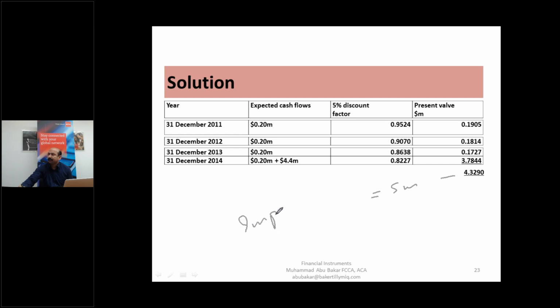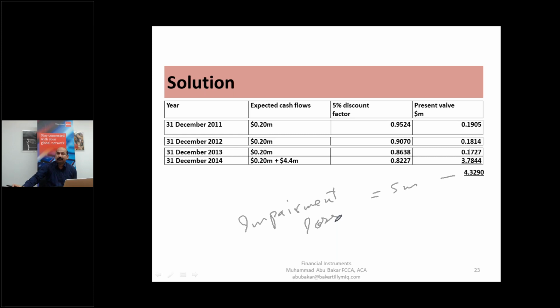This is the impairment loss, and this impairment loss will be charged to this financial asset. This is the old approach.